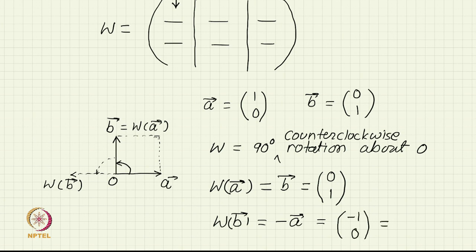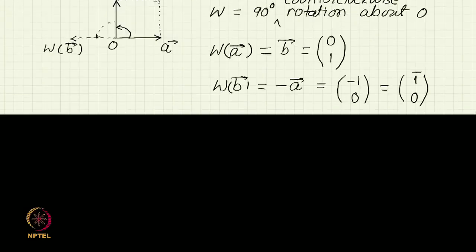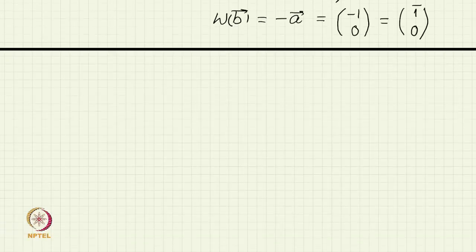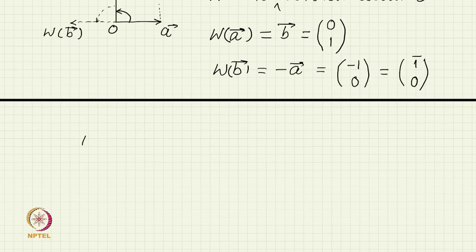As you know, in crystallography we like to write minus as bar. So, bar 1 0. So, we have got the matrix, the matrix representation of the 90-degree rotation.